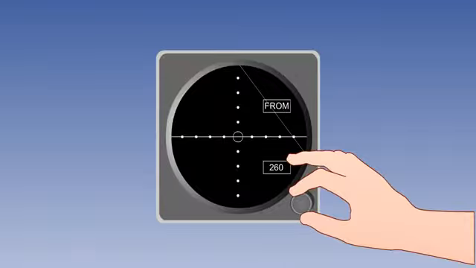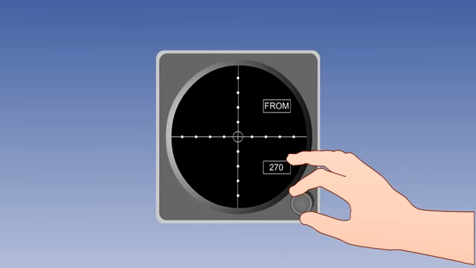If we turn the OBS to the left, so that 260 is selected, we see that the needle is beginning to come in. It is at the 4th dot, so the 260 radial is 10 degrees to the right of the aircraft.